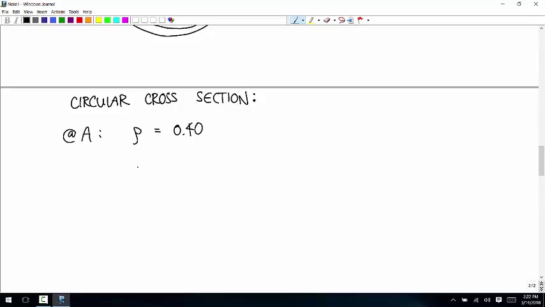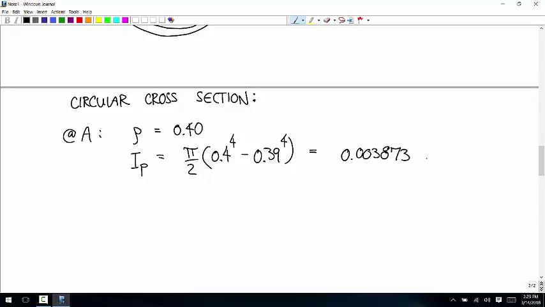We need the polar moment of inertia again. That's equal to pi over 2 times 0.4 to the fourth minus 0.39 to the fourth. And what's that? 0.003873 meters to the fourth.